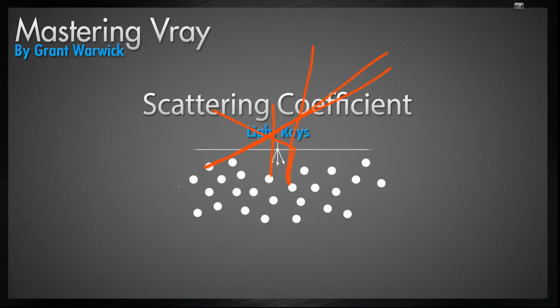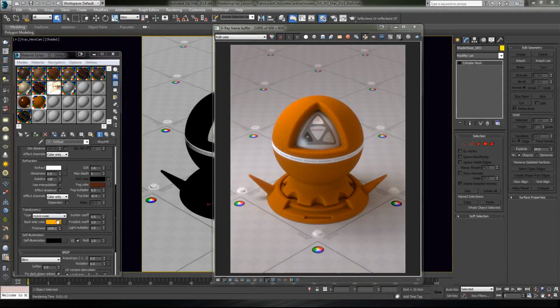So let's go back to Max and analyze the settings we currently have, and you'll be able to see how this explanation holds up. So back inside Max, you can see we've got the scatter coefficient set to 0 and the forwards and backwards coefficient set to 1.